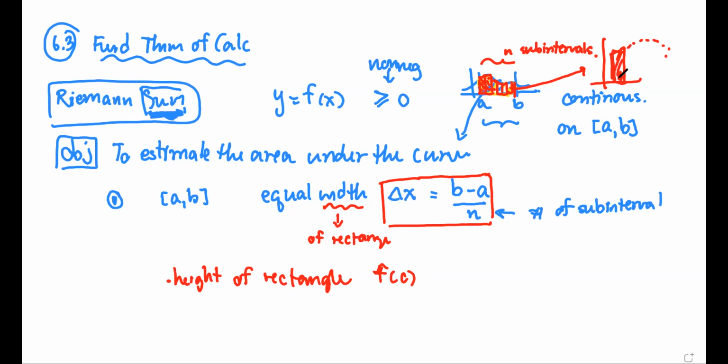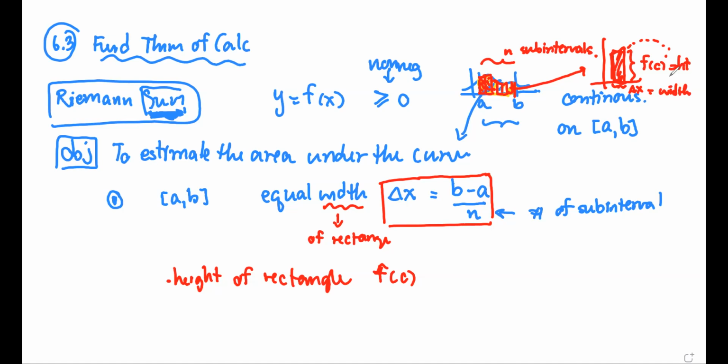So for one piece here, the value of the function is the height of the bar. And the increment here, the delta x, is the width of the bar, or the width of the rectangle.